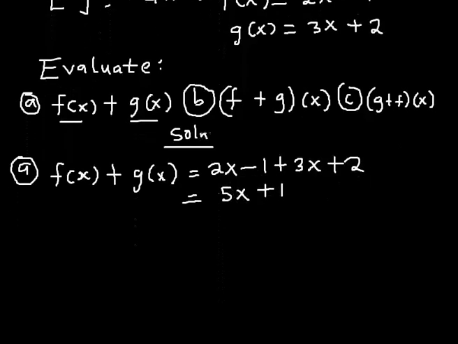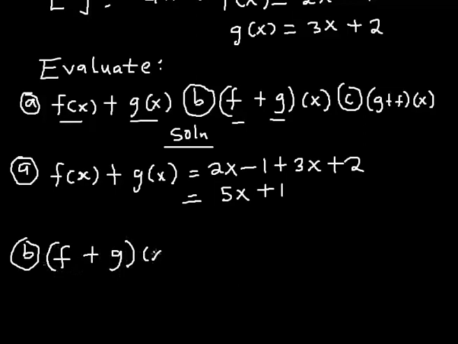But if we are dealing with the composite function, f g of x, this is another way of writing it. So f plus g of x simply can be put this way.